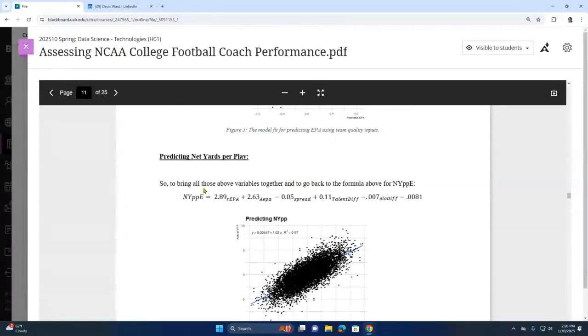If they play a little nobody team, yes, they're going to have a lot of yards per play, but they were expected to basically win by 60 to nothing. So he wanted to weight this metric by how much better they did than expected. And on the reverse side, suppose you're little Appalachian State and you upset Ohio State, you actually win the game.